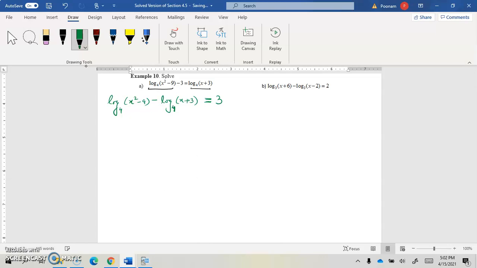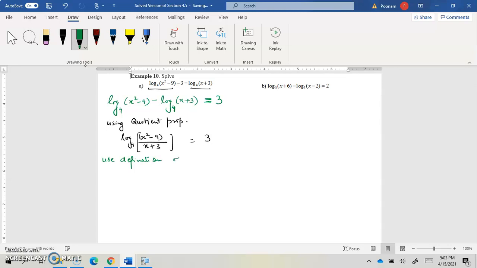Now the base is the same, so I can use the quotient property. We have log of x squared minus 9 divided by x plus 3, the base is 4, is equal to 3. Now we can apply the definition of log.